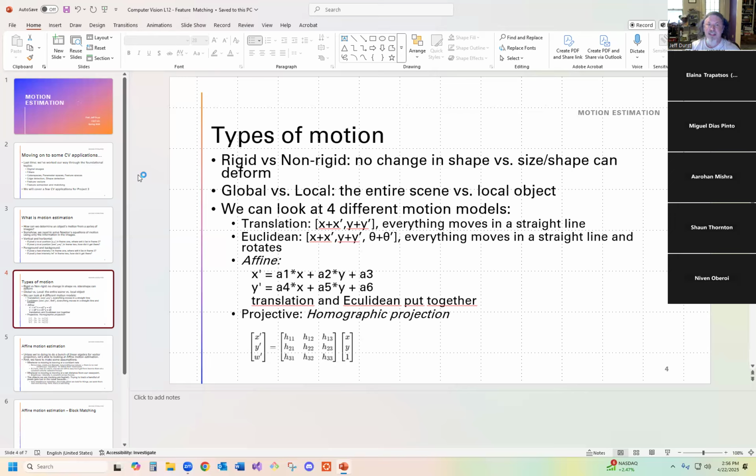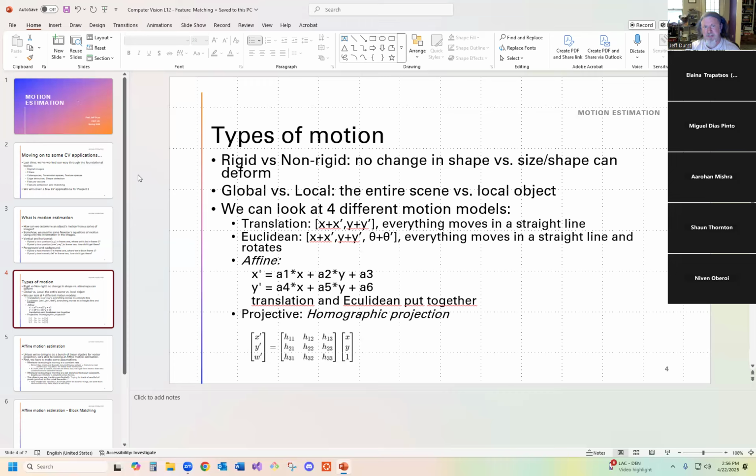And then there is projective motion, which is the homographic projection we talked about with image stitching. And so that's the good one, right? That's the one you would probably use for most real world applications, but it is also the most complicated and involves finding this projection and doing a translation between image spaces, which, like I said, we talked about with image stitching.